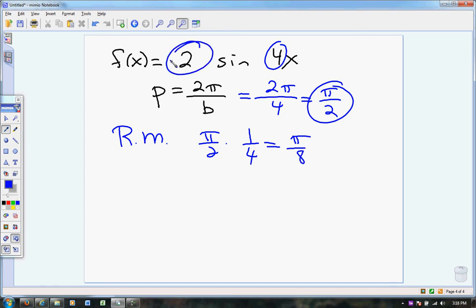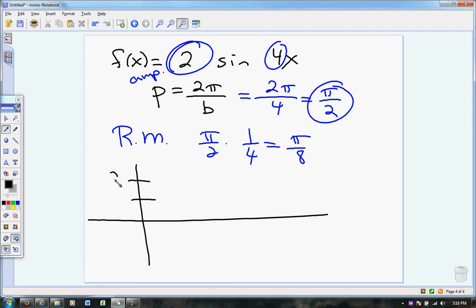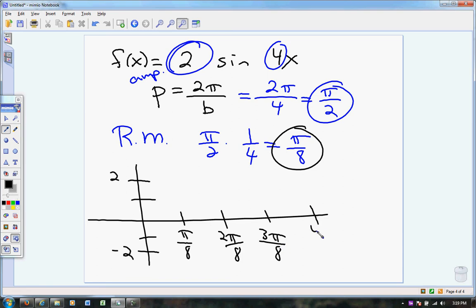There's also an amplitude of 2. So when I get ready to graph this, my amplitude is 2, and my road markers are pi eighths. So I'm going to count up by pi eighths: 1 pi eighths, 2 pi eighths, 3 pi eighths, 4 pi eighths, like that.